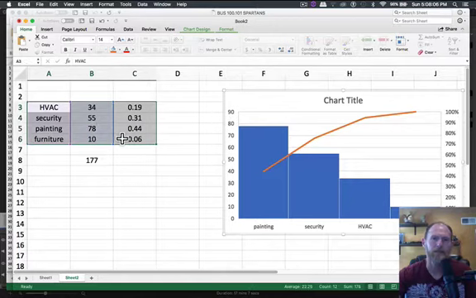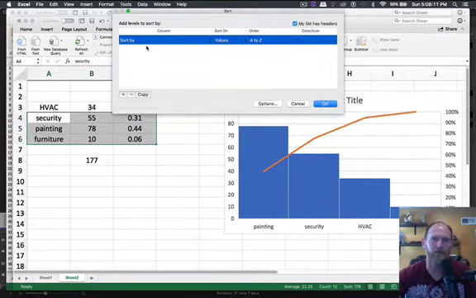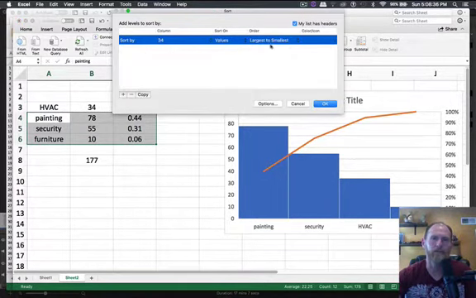So first thing, let's make this, and what I'm doing right now is really for the purpose of instruction.